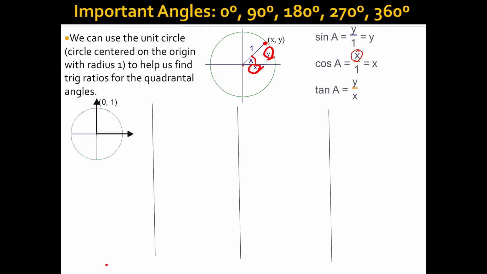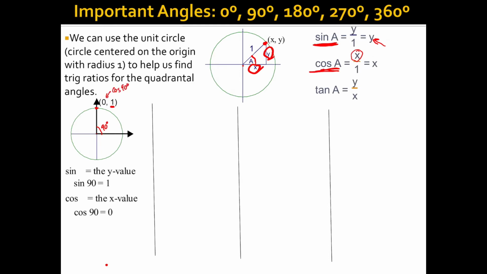Well, what does that mean for our quadrantal angles? For a 90-degree angle, we know that the sine of that angle will be equal to the y value. So what's the y value? Well, the y value is 1, which means sine of 90 is 1. Nice and easy. Cosine is equal to x.